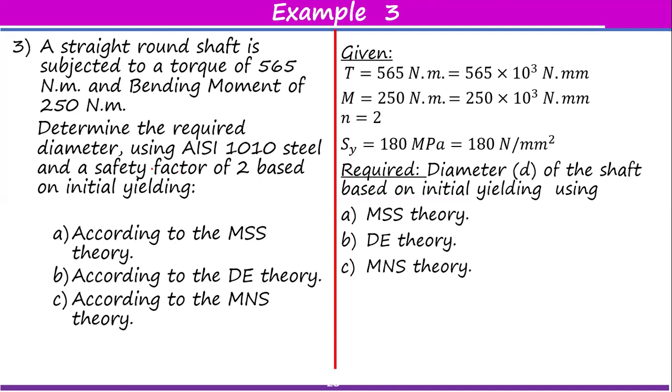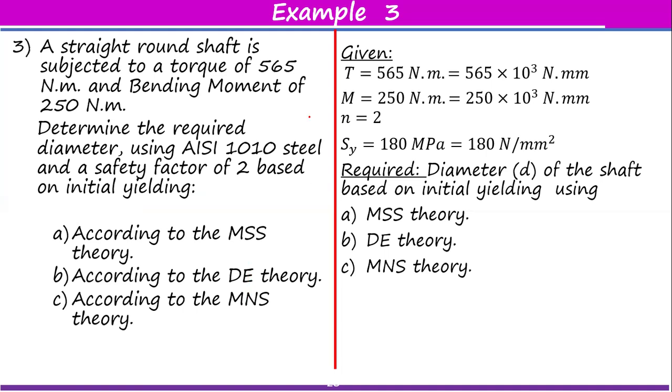For a safety factor of 2, we are required to find the diameter of the shaft which is enough for carrying this 565 Newton meter torque and bending moment of 250 Newton meter without any failure. So we will find the diameter of the shaft using MSS theory, DE theory, and MNS theory.